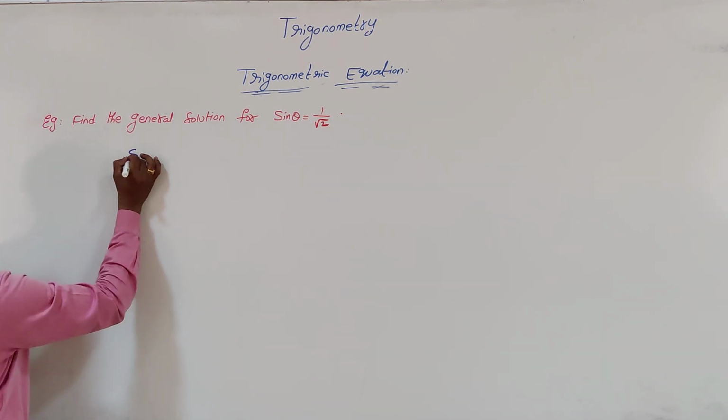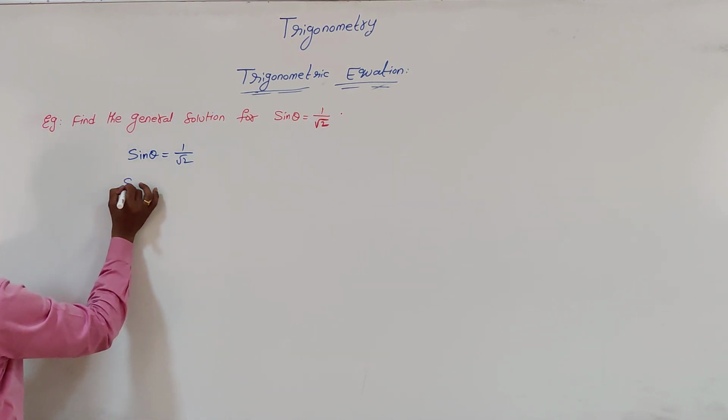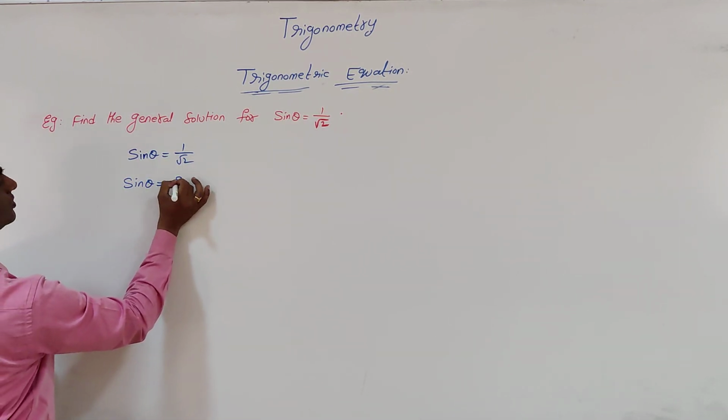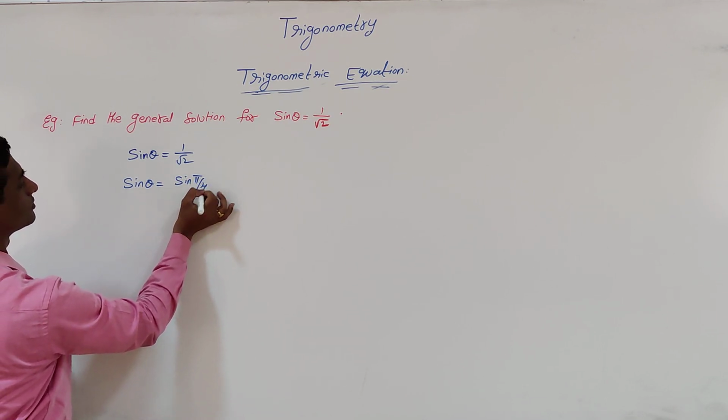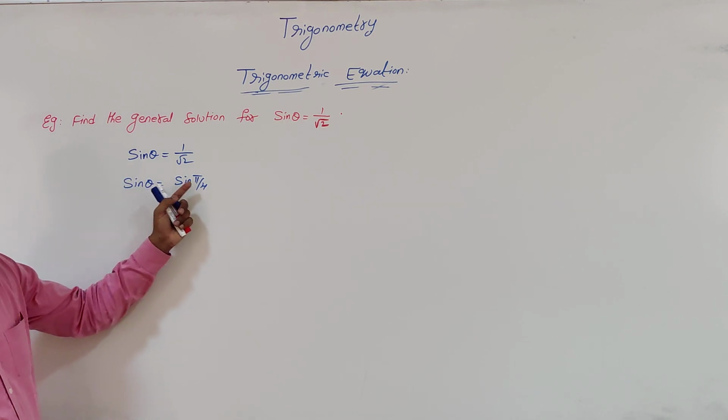So sin theta is equal to 1 by root 2, means we can have sin theta is equal to sin pi by 4. Sin theta is equal to k, we can have sin theta is equal to sin alpha.